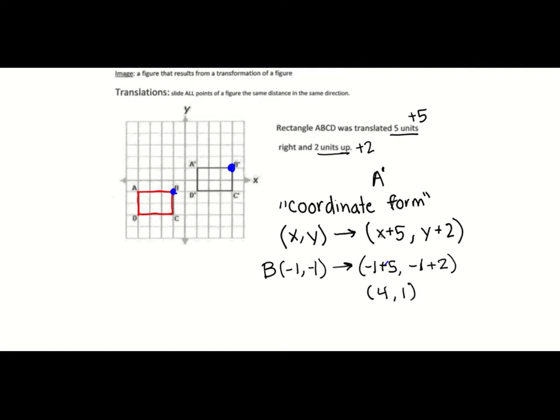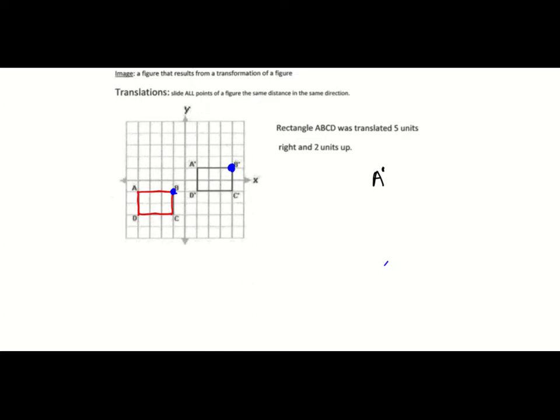And we can check. If we start at (0, 0), go over 1, 2, 3, 4, up 1, that's our new point B. So this would be B prime. Remember, B prime is read as B prime. Okay, so that's how we use coordinate form for our translations. So let's look at an example.